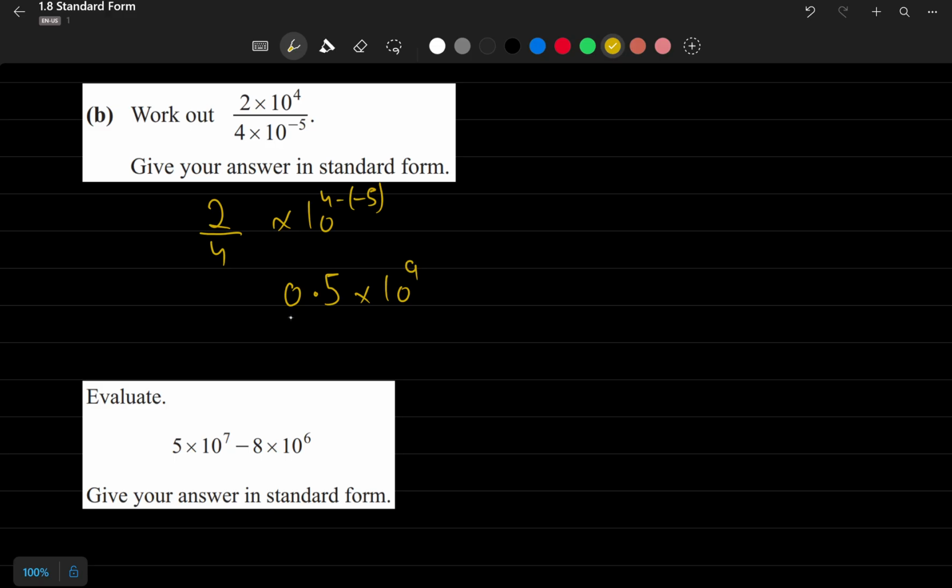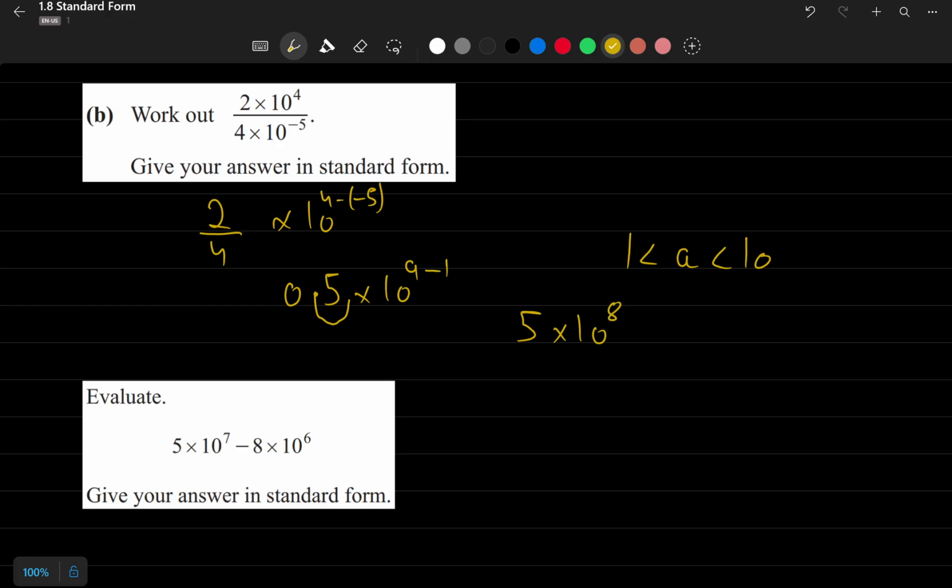But the rule is that this number must be greater than 1 and less than 10. So this is not greater than 1. To make this number greater than 1, we shift the decimal to the right once and subtract 1 from the power. So the final answer becomes 5 into 10 raised to power 9 minus 1, which is 8.